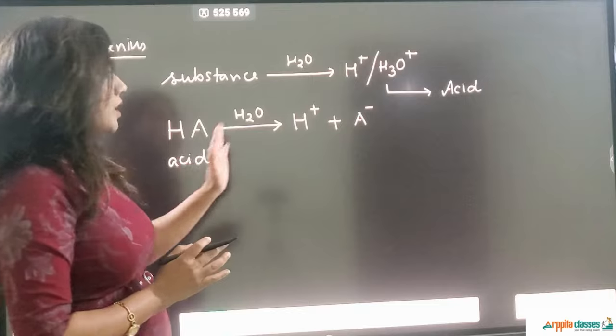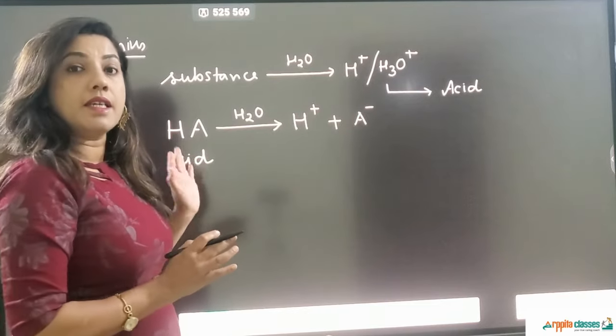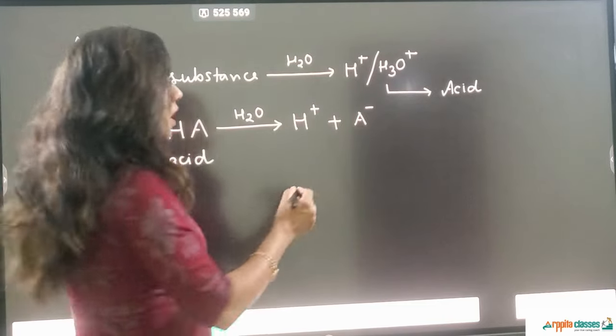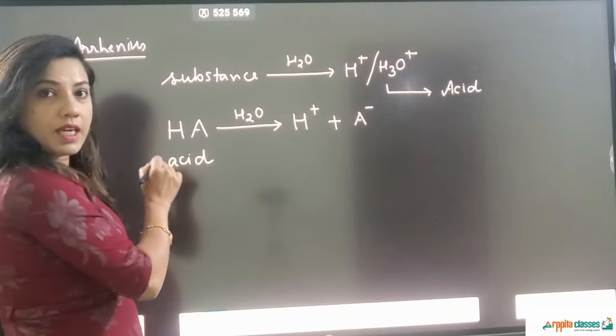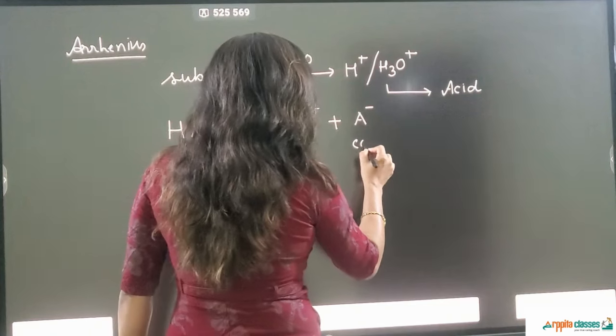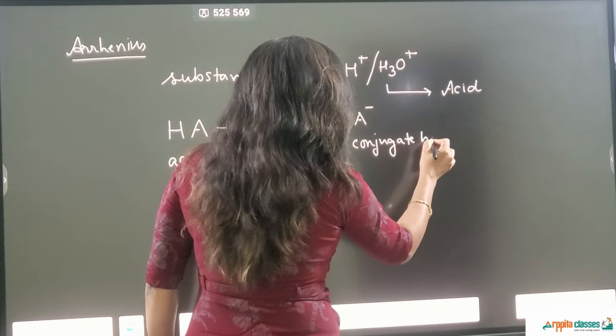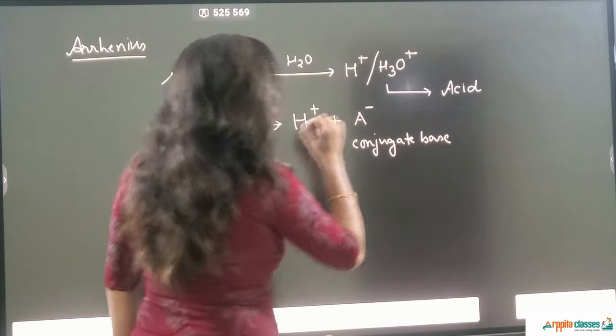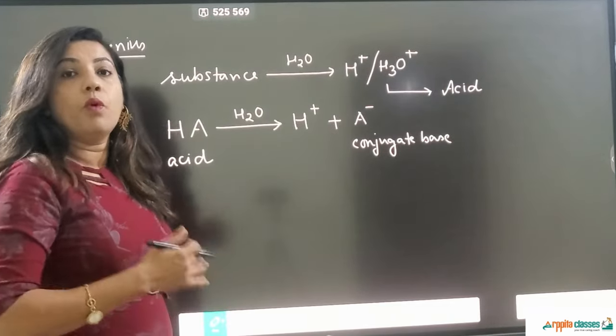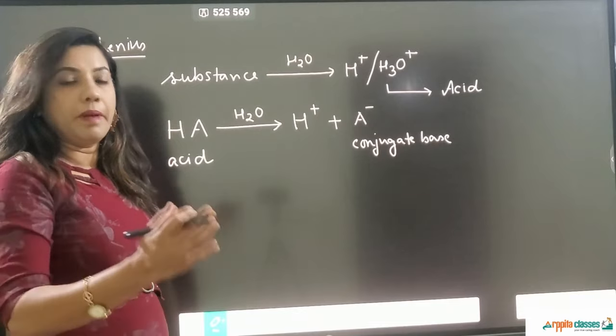It is how stable the conjugate base of this acid is. We all know that if HA is the acid, A minus would be the conjugate base. So the more stable the conjugate base is, the more acidic the acid will be.